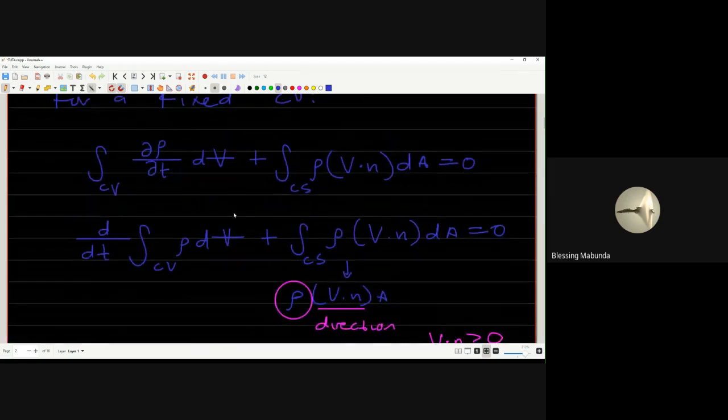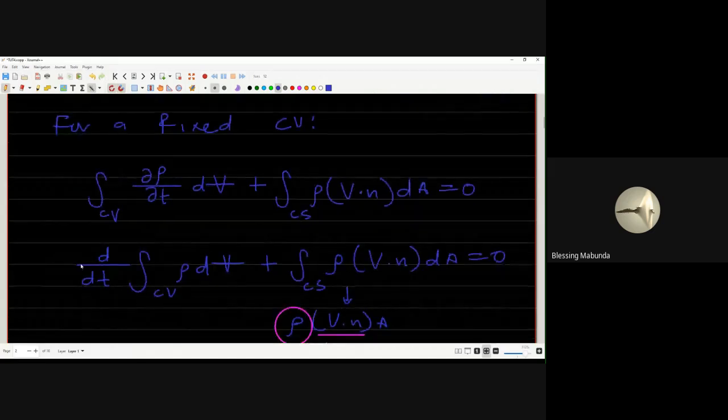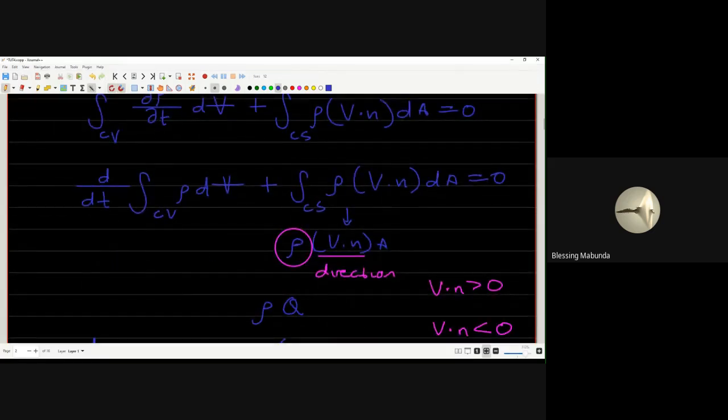So this is where you start from for conservation of mass here, and then you simplify that equation. Is everybody happy with that? All right. Perfect. Let's now move on to the next question.